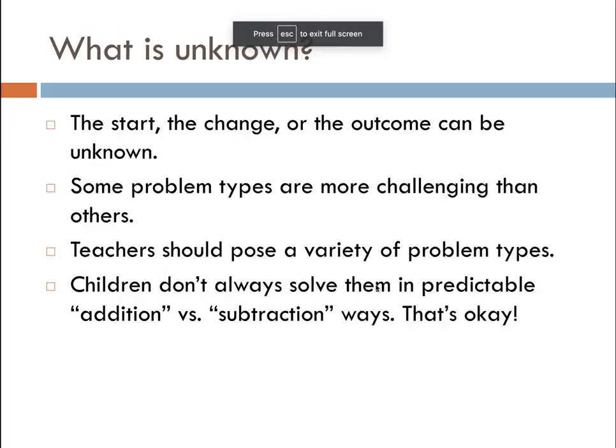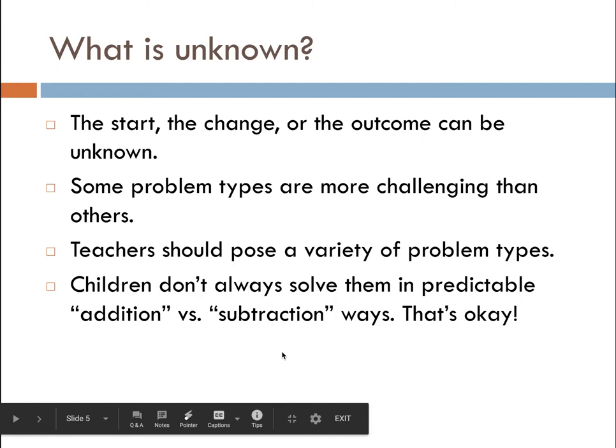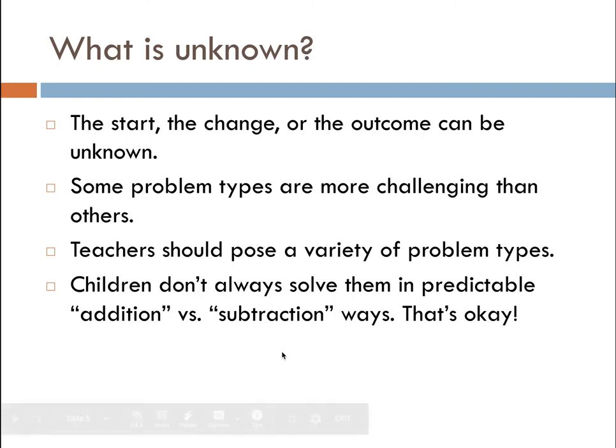Okay, and let's go back to these points that I made. So the last one here is children don't always solve them in a predictable addition versus subtraction way, but that's okay. And they can use different strategies too, and that's also okay. And we actually welcome that. We appreciate more ways of solving, because students can connect their idea with different people's ideas, and they can see how the math topics are connected to each other.